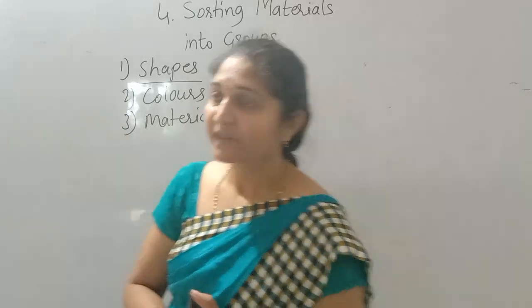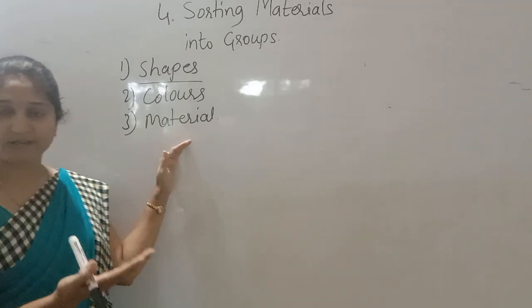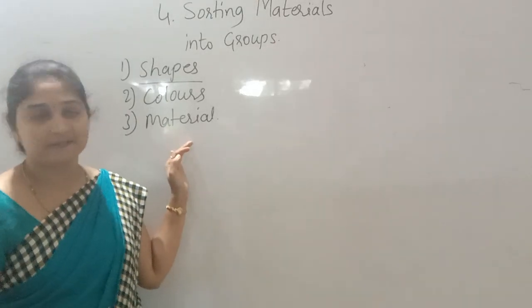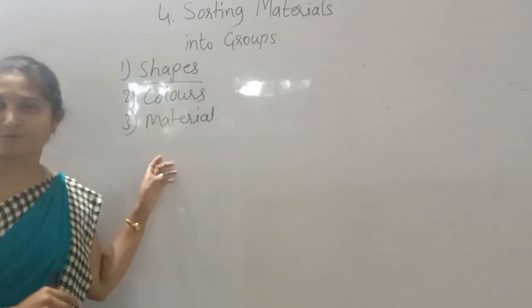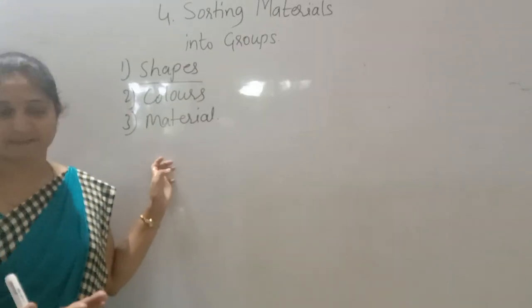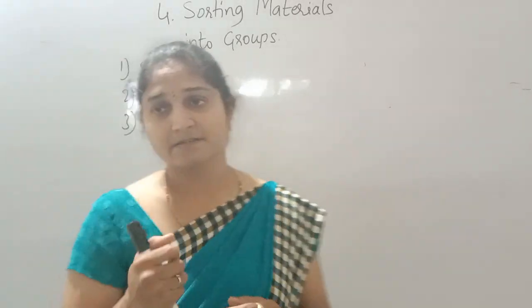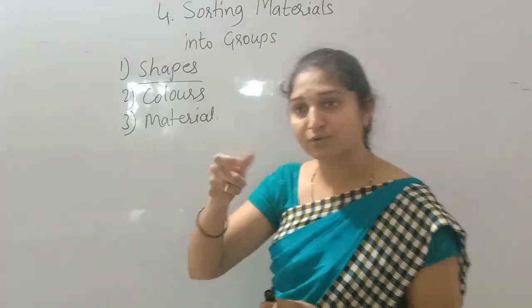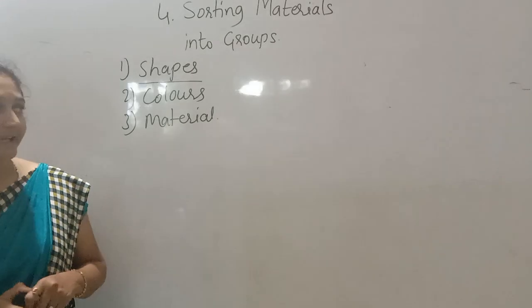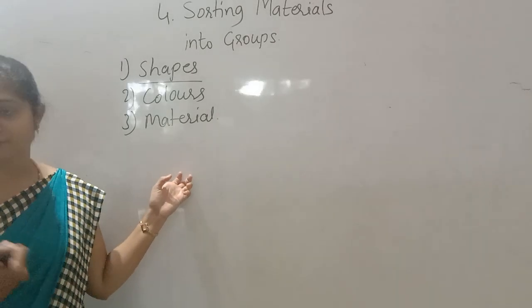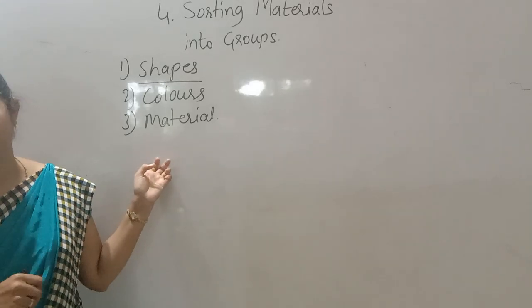One type of objects which are made up of one type of material. Right now I have given: make a list of objects which are made up of plastic material. Then make a list of objects which are made up of some metal. Some metal means we can write any electrical tools, for example a screwdriver, an iron box, then some cooking utensils and some machinery tools.